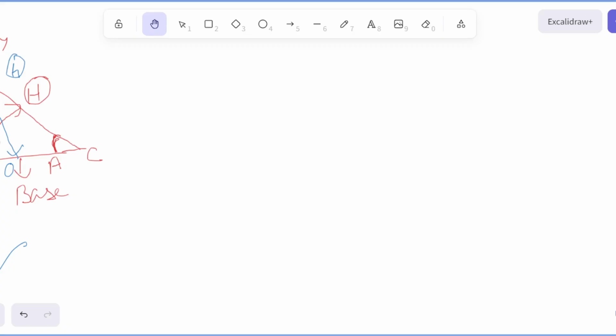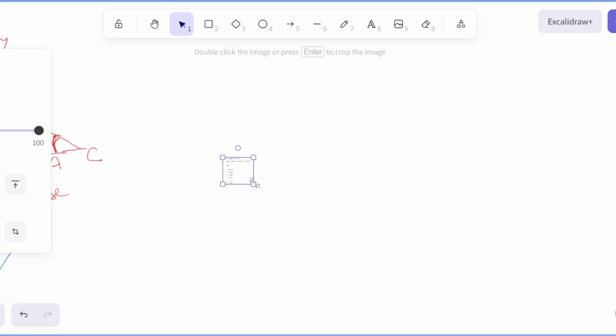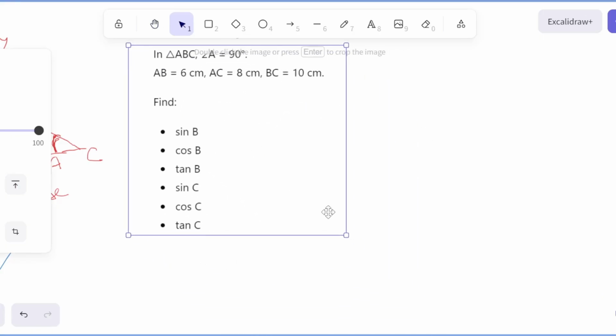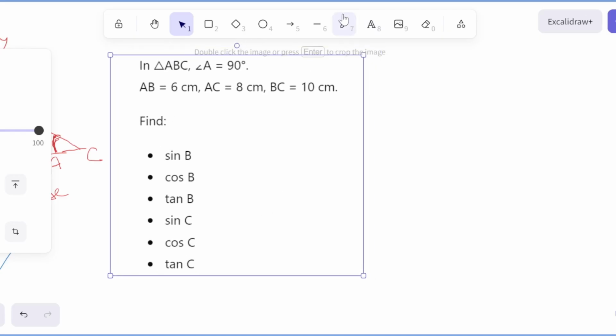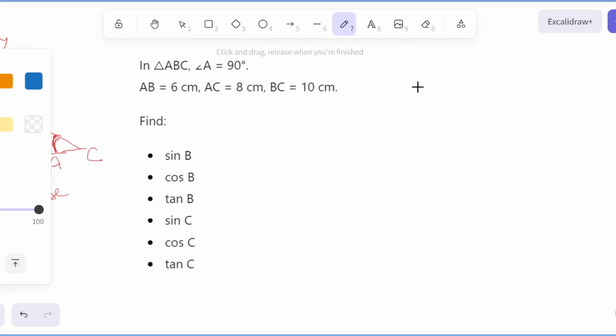So this is the question. Let's make a triangle ABC, right angle at A. Let this be A, this be B, and this be C. This is 90 degree as per the question, because they have told to take angle A as 90.